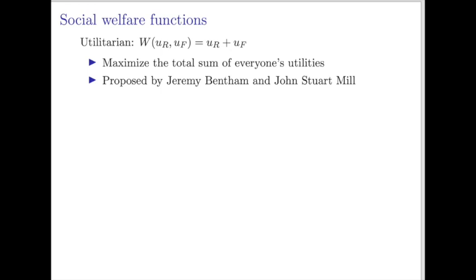You can think of this society as seeing the utility of Rob and Friday as being perfect substitutes. Right? So what a society that has a utilitarian social welfare function wants to do is just to maximize the total sum of everyone's utility. Bentham and John Stuart Mill were philosophers who proposed and supported this idea of social welfare.